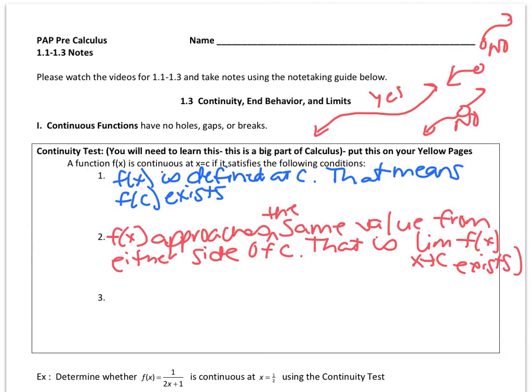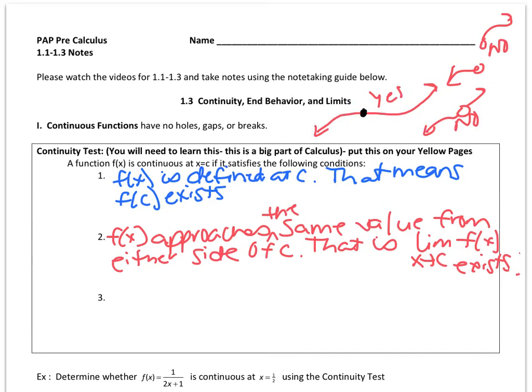What that means is, if I have a particular point on this graph up here, if I come from the left and I come from the right, I'm going to end up at the same point. Whereas if you look at this function up here, when I come from the left, my y value down here is going to be very different than my y value up here. So coming from the left and the right, your function has to come to the same y value. You have to have the same y value both ways.